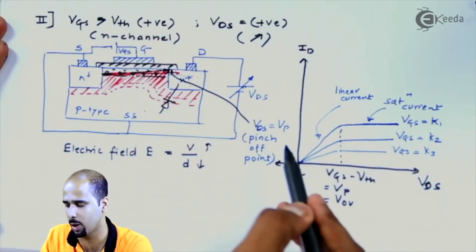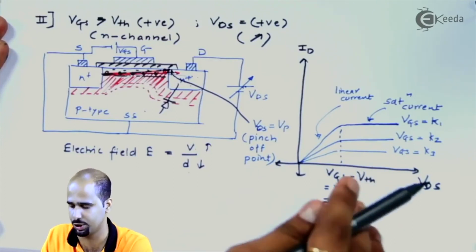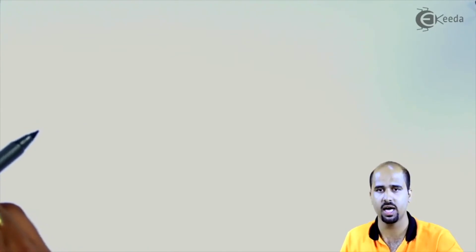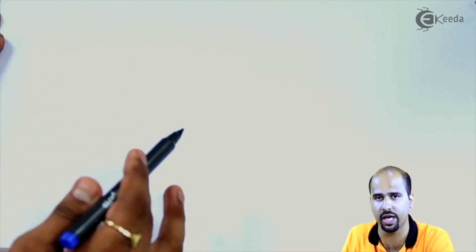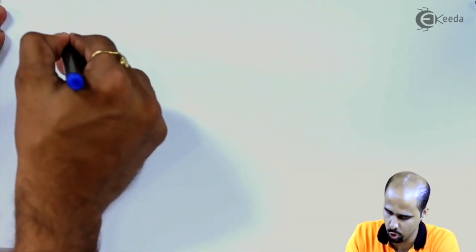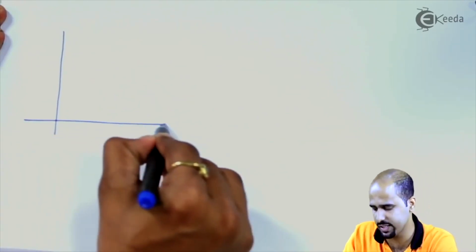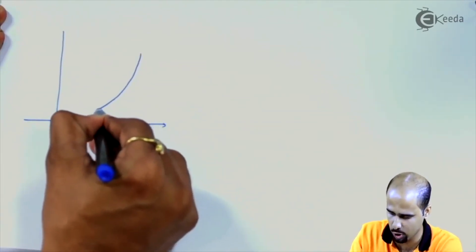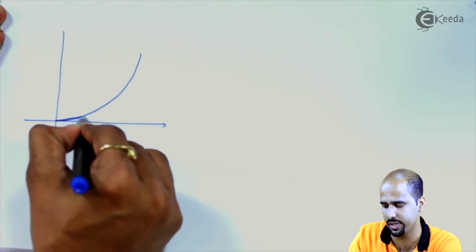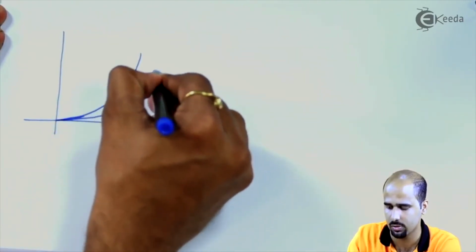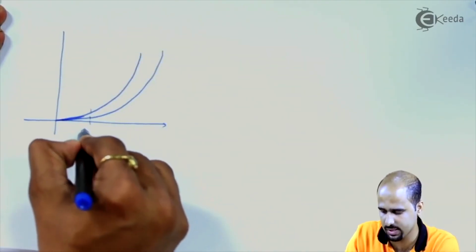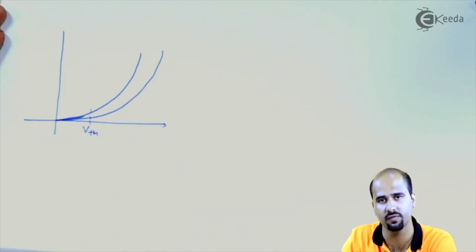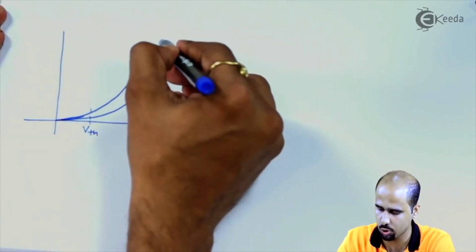Let's move on to the regions of operation. For that we will discuss the VTC as well as the output characteristics in detail. So let's draw the VTC characteristics. As we all know, this is the VTC characteristic, where this is the value of VTH.